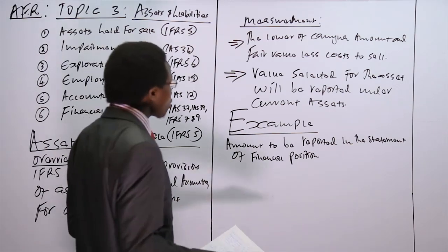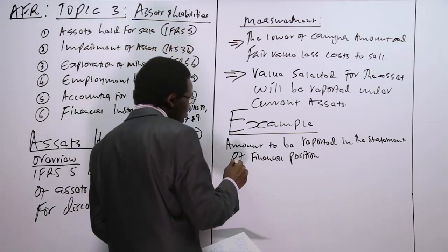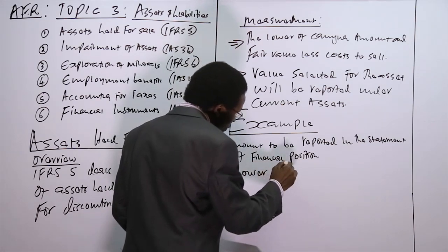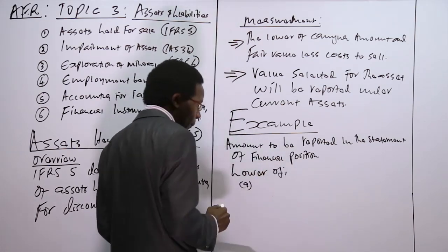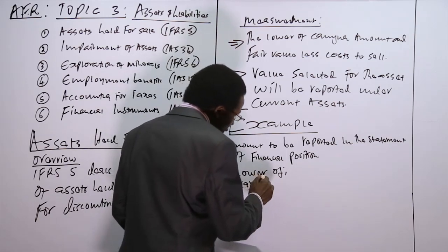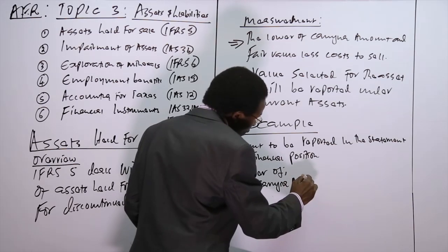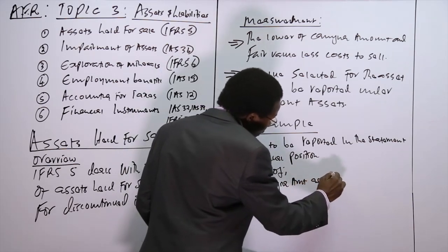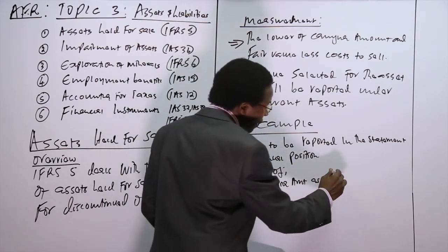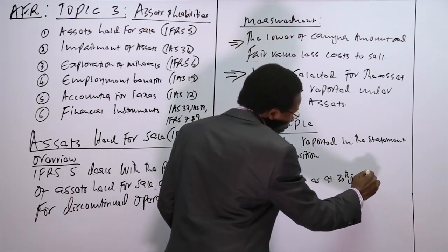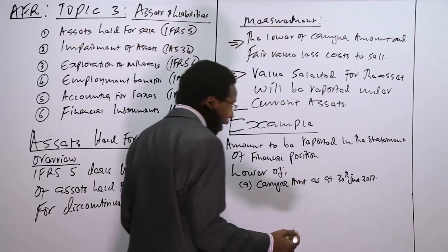We need to recognize this by taking the lower of A, the carrying amount as at 30th June 2017. What will be the carrying amount?